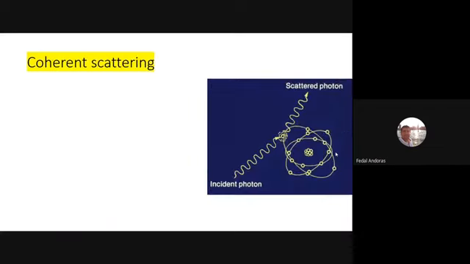The last one is coherent scattering. Again, it is a transient interaction with the electron. The incident photon comes and hits the electron. It will not eject it from its place. And consequently, it is pure scatter, no energy absorbed. It hits this one and just goes to the other side.